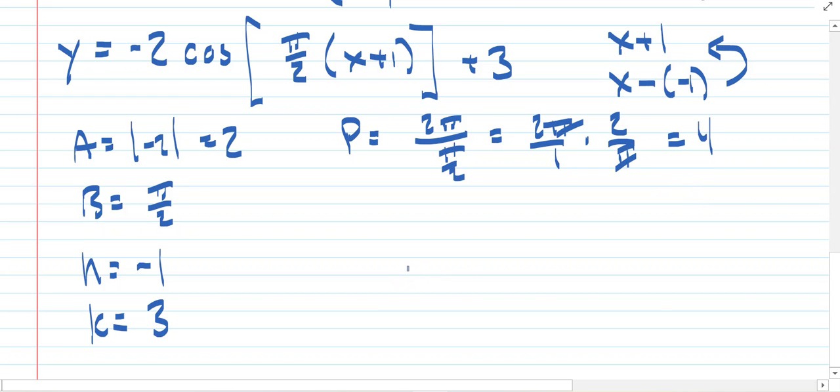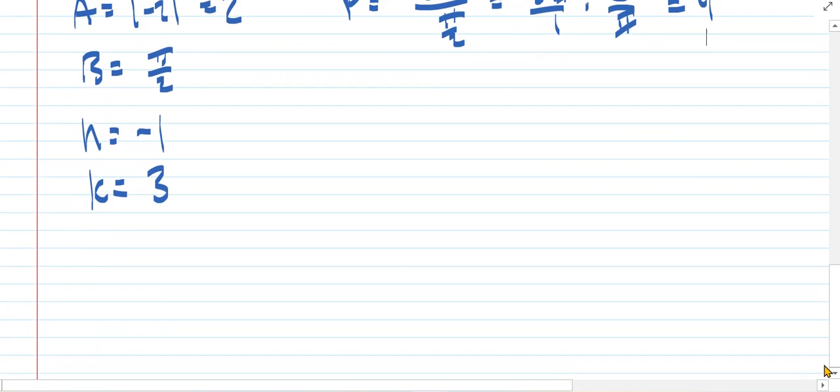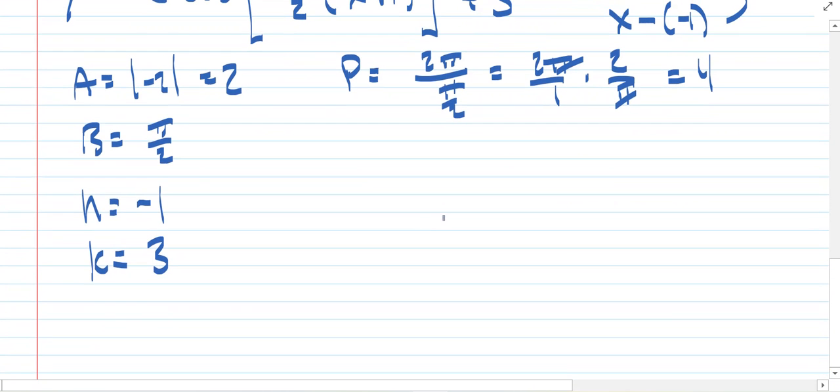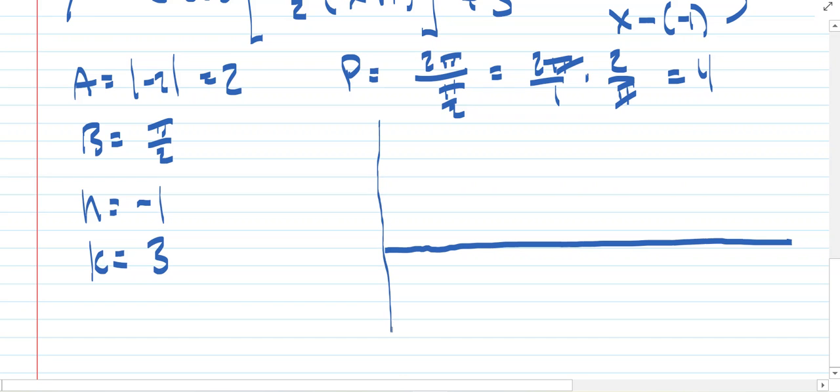So just like in the last one, I'm going to start by drawing a horizontal line, which represents my midline, and a vertical line, just so that I can label my amplitude. So the midline is 3.